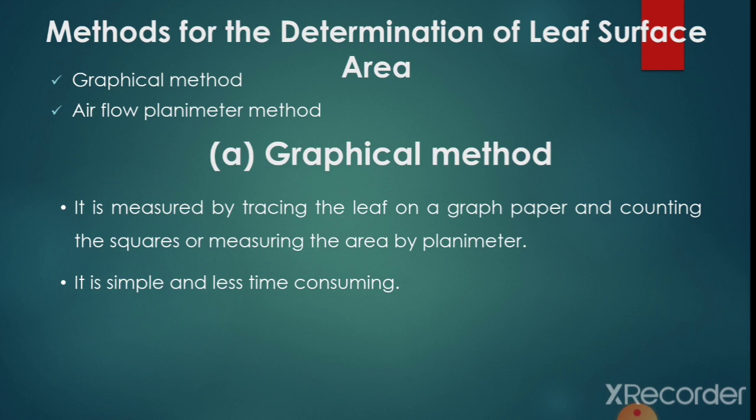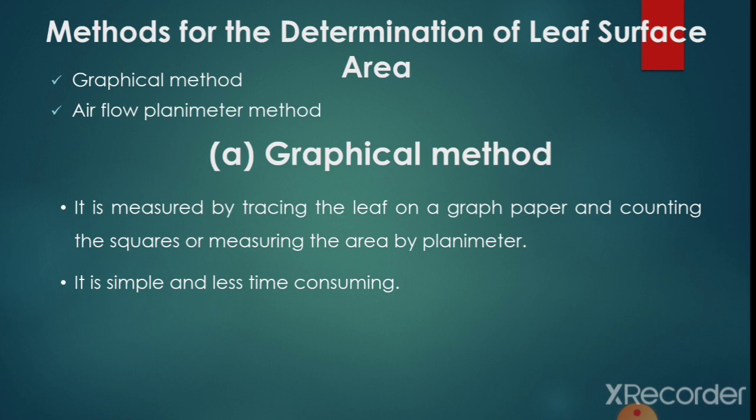In this method we use a digital planimeter, in which we trace the boundaries of the leaf, and the digital planimeter gives directly the reading of that surface area in whatever unit we have chosen on the planimeter.